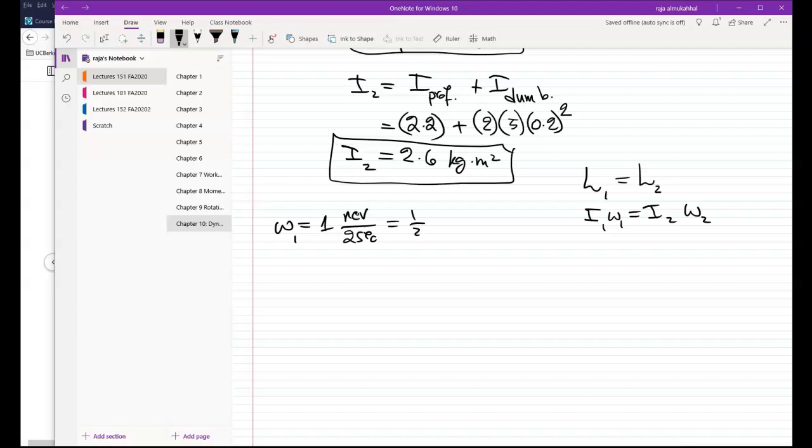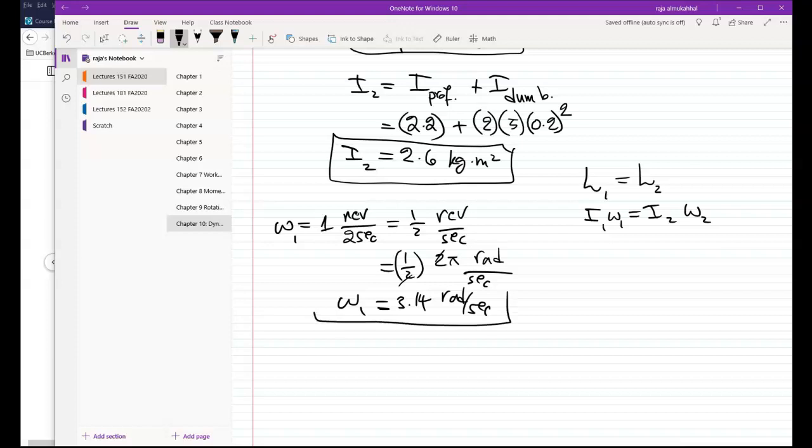It becomes half a rev per second. We've done that before, and the rev is 2 pi, so that makes it radian per second. So that will be pi, the 2's cancel out, basically 3.14 radian per second. That's omega 1 in the proper unit.